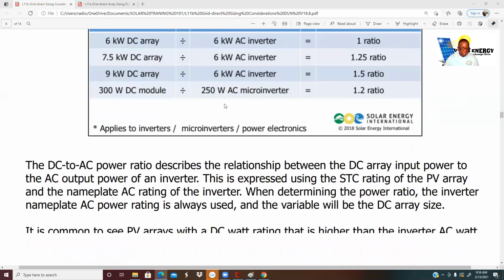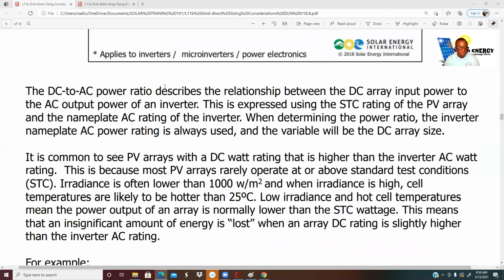Very important. The DC to AC power ratio describes the relationship between the DC array input power and the AC output power of an inverter. This is expressed using the STC ratings of the PV array and the nameplate AC rating of the inverter.